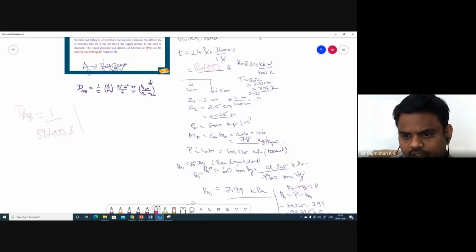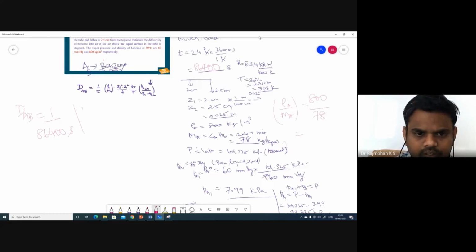into density. This also you can determine and keep separately. Density is 800 divided by molecular weight 78. Or you can substitute here: 800 kg per meter cube divided by 78 kg per kilomole.